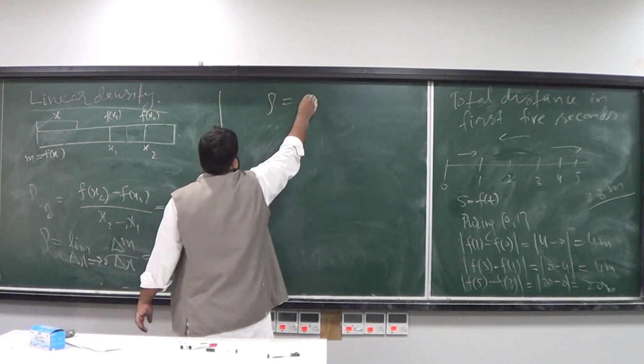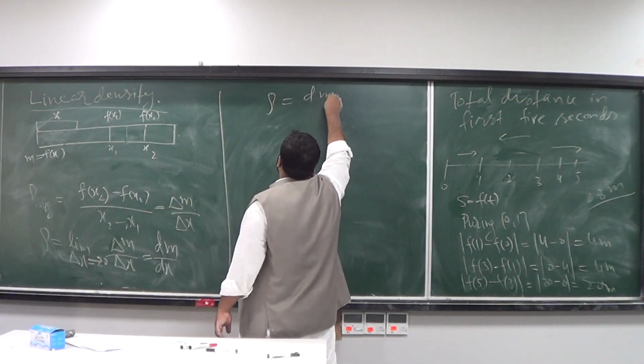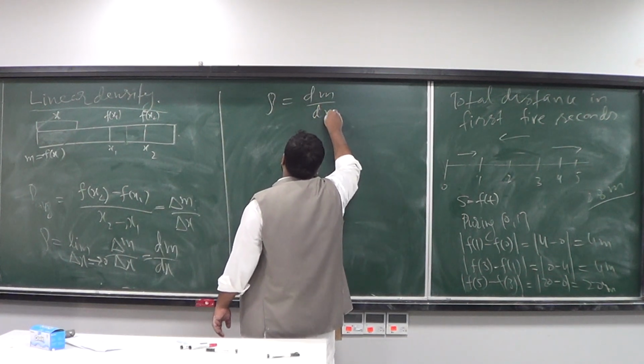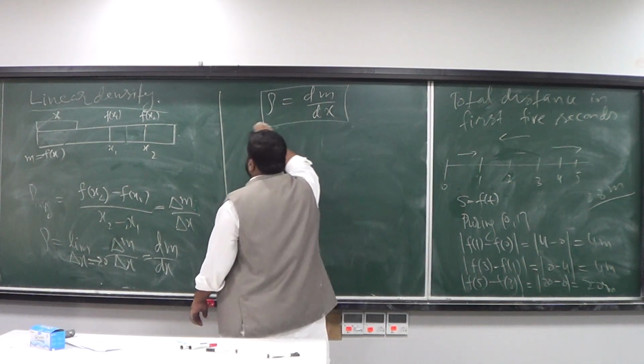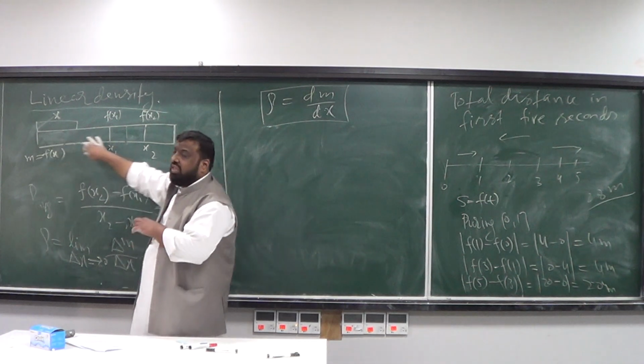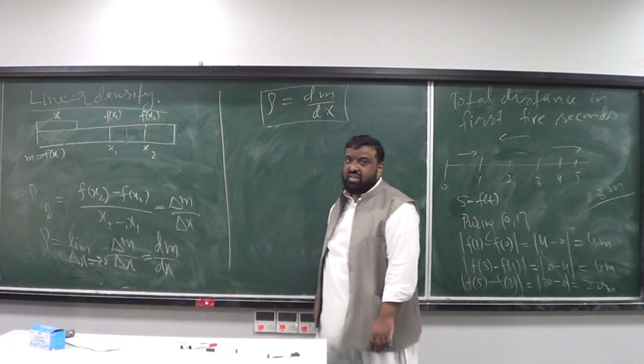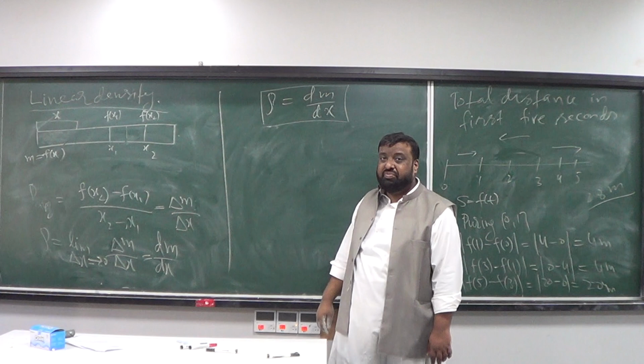This would be the instantaneous density of the rod at any position.